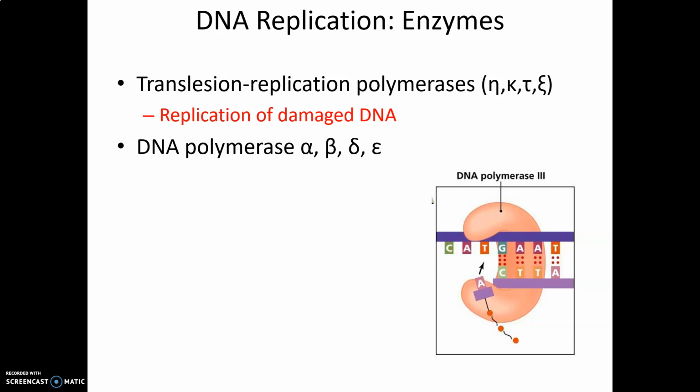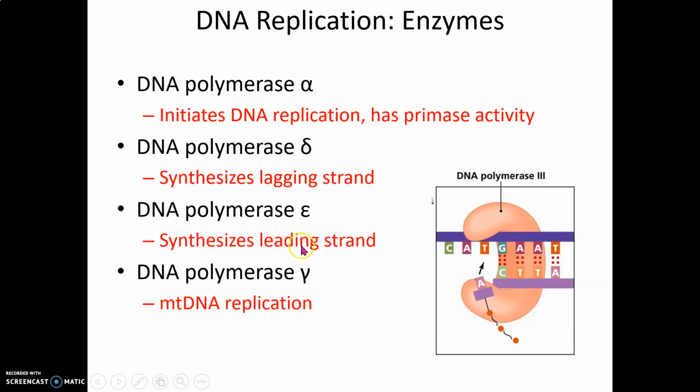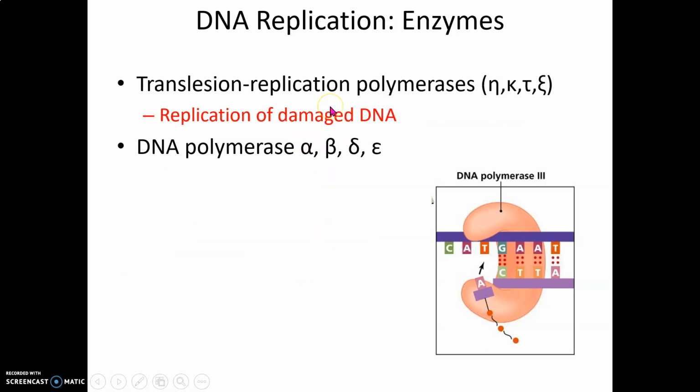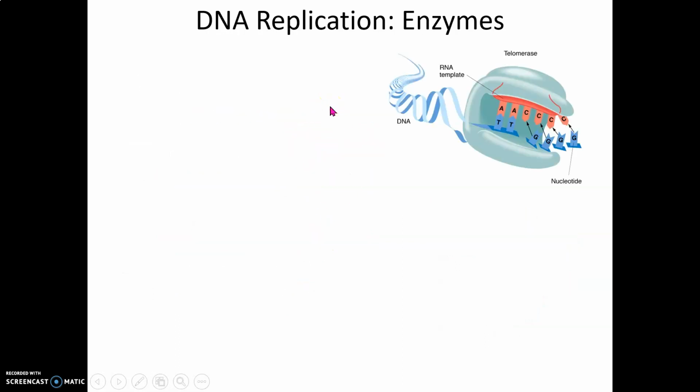And so if there are some bulky lesions or thymine dimers, then there are special DNA polymerases that come along and replicate those areas. And we also have to note that DNA polymerases alpha, beta, delta, and epsilon are capable of repairing the DNA, okay? As well as a host of others, but these are what you should remember. So in addition to these polymerases being able to synthesize, they can also repair.